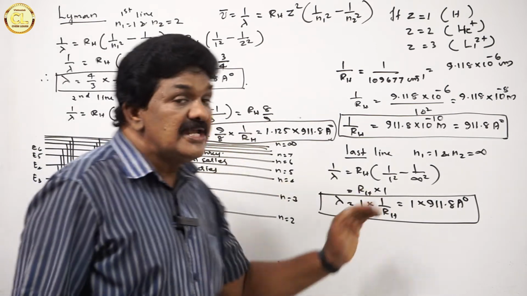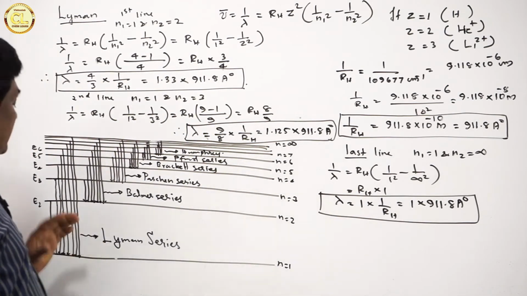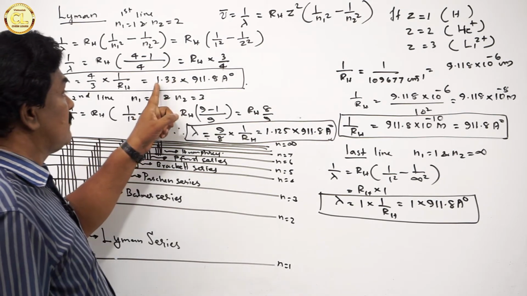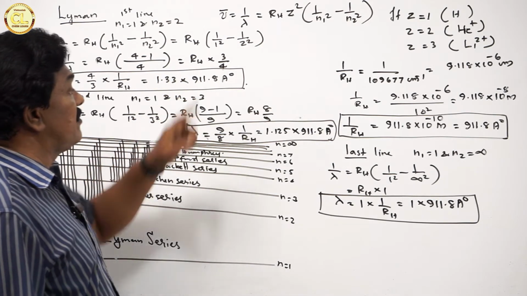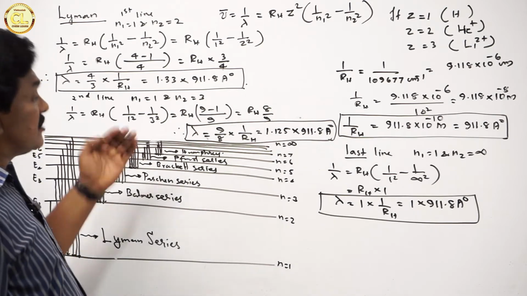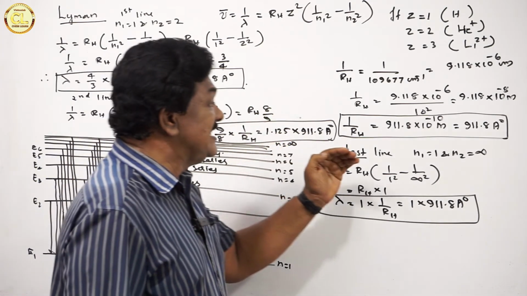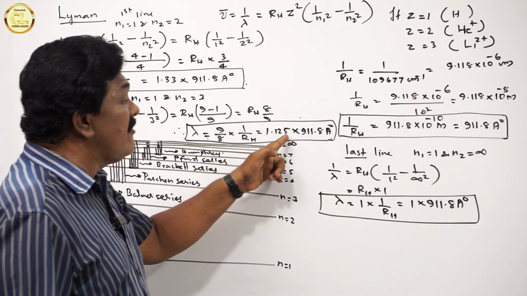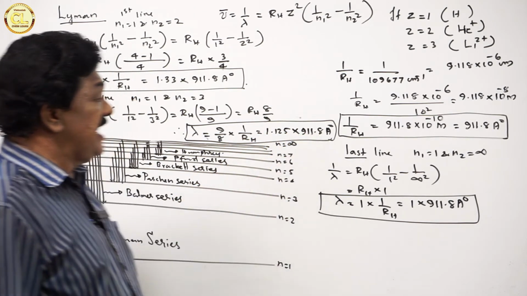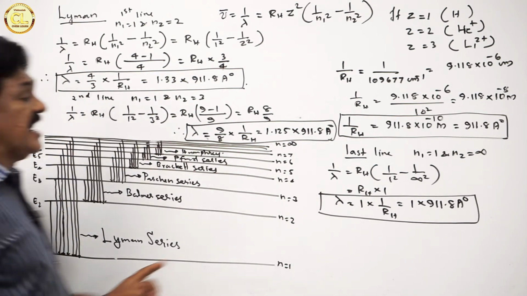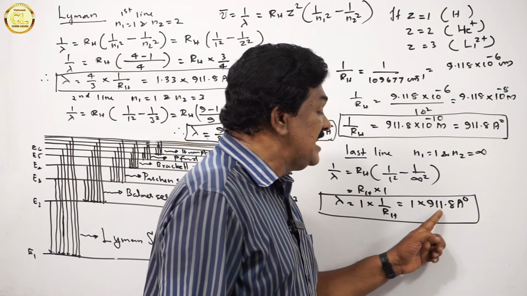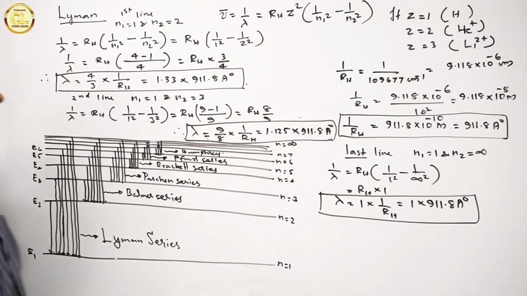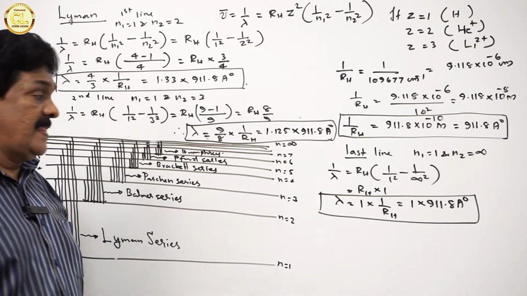From these calculations it is clear that the wavelength value will be maximum for the first line, that is 1.33 into 911.8. For the second line it is slightly decreased, 1.125 into 911.8. But for the last line it becomes 1 into 911.8 angstrom units. For the last line the lambda value is minimum.